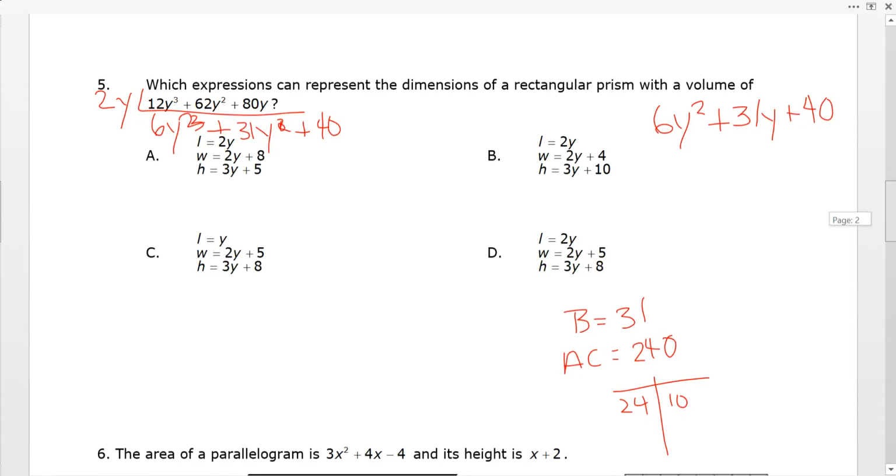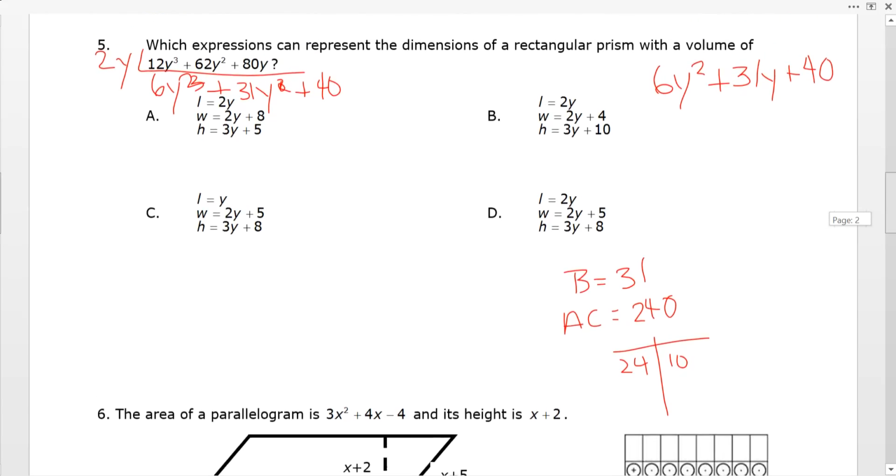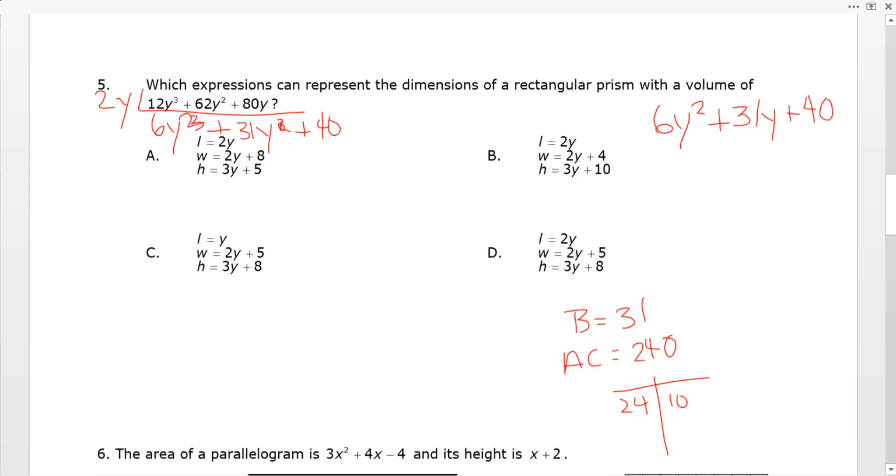I have no idea what else goes in there. 60 times 4, 40 times 6, 9 doesn't go in, 3 goes in, 3 times 80, 8 times 30. Still haven't hit one that adds up to 31, have I?